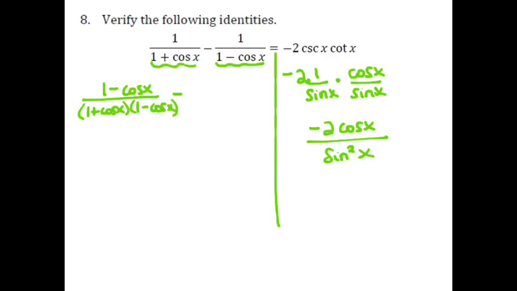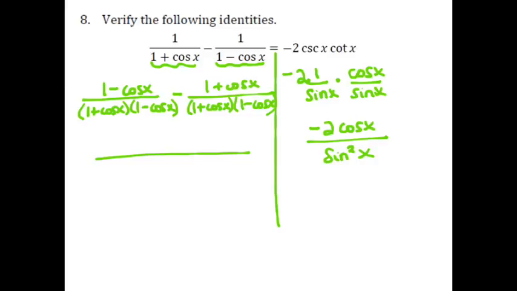I'm going to multiply 1 plus cosine x times the fraction on the left. So I have 1 plus cosine x over 1 plus cosine x times 1 minus cosine x. Okay, now I have a common denominator.